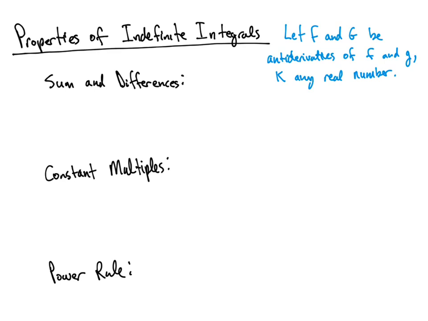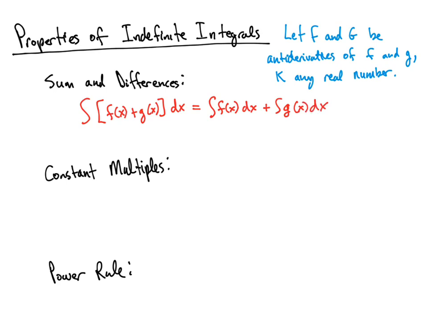So if we have the integral of f of x plus g of x, we can rewrite this as the integral of f of x dx plus the integral of g of x dx. Okay, so if we have the integral of a sum, we can take the integral of each individual term. And not just a sum, but if there's also a minus sign in between the two functions.